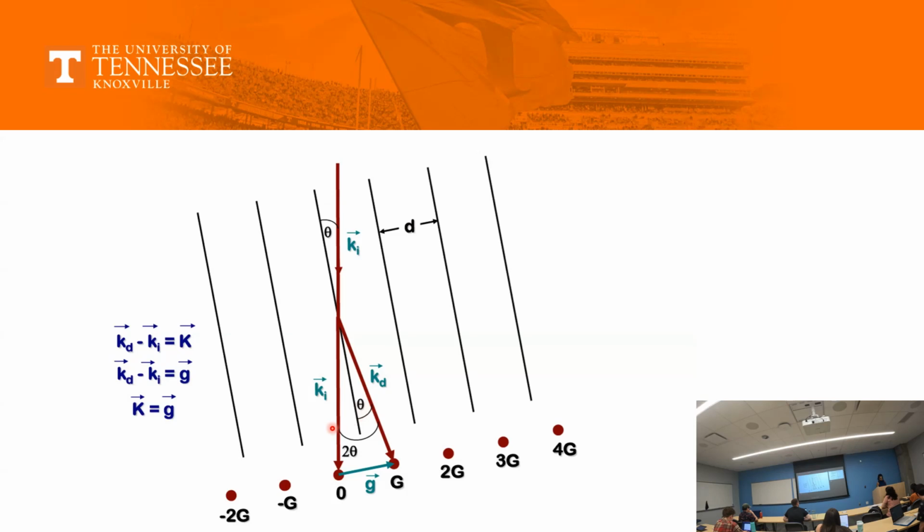When you draw it, this becomes 2 theta. This is your first G, then you will have your second G, 2G, then 3G and 4G and so on. In this direction you will have minus G and minus 2G. This is exactly how you read your diffraction pattern.